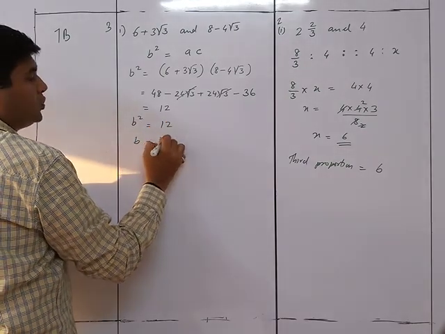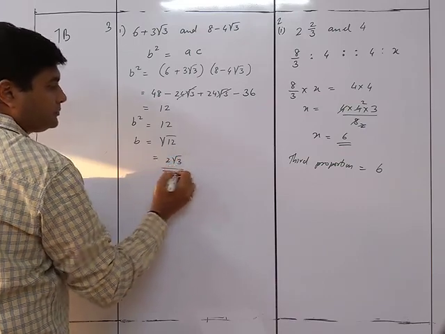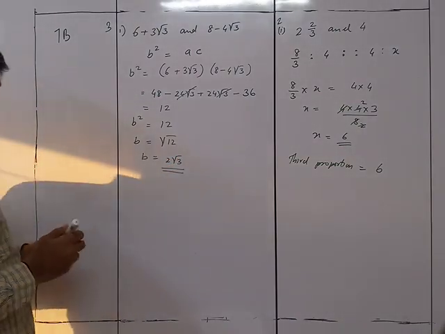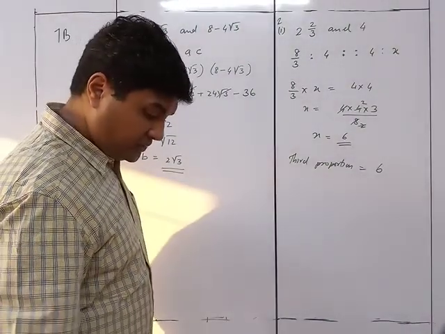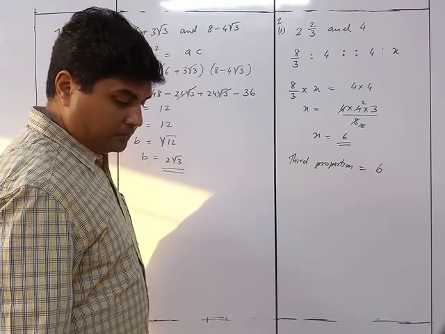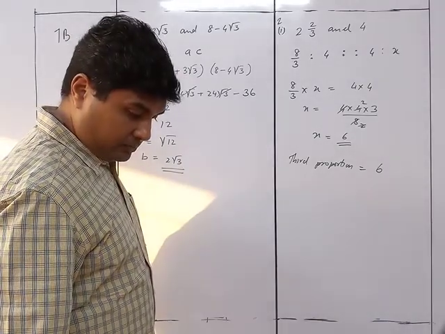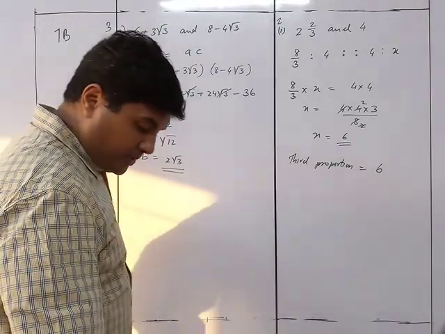B is equal to root of 12, which is nothing but 2 root 3. Okay, this was sum number 3 of 7B. So the answer is 2 root 3. We're done with sum number 3.